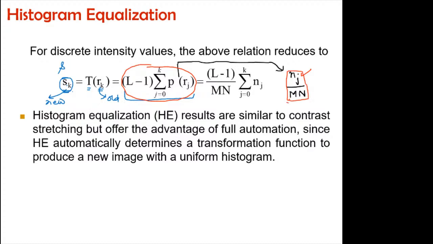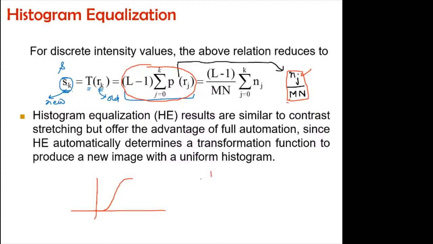ठीक है ना? So this is called histogram equalization. And histogram equalization, you know, the results are very similar to the contrast stretching curve which we had earlier. Do you remember that we had a contrast stretching curve? MATLAB में मैंने उस दिन तुम्हें दिखाया था.